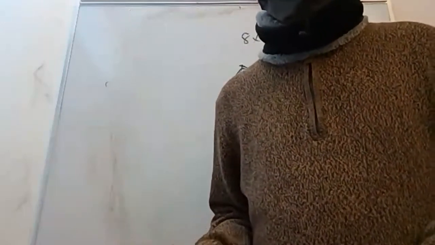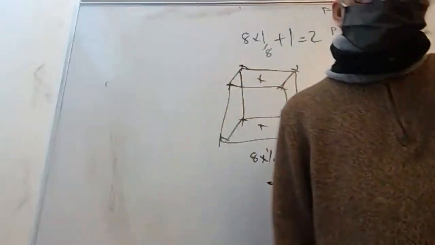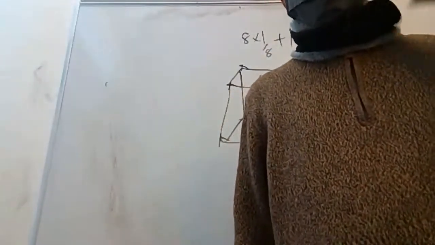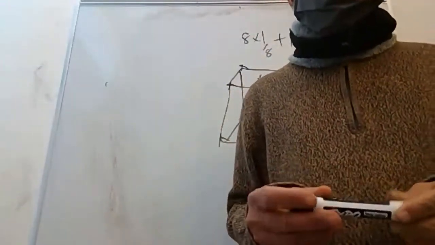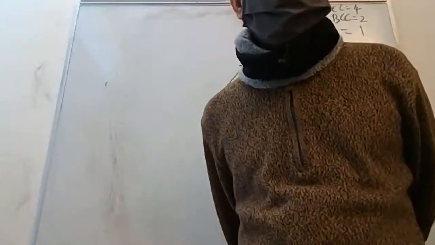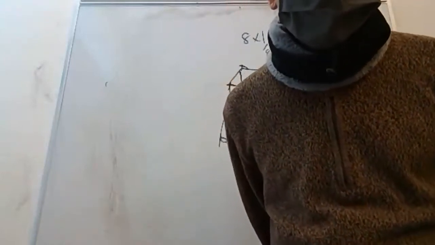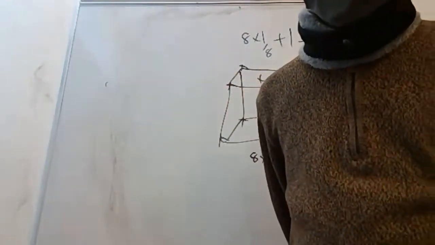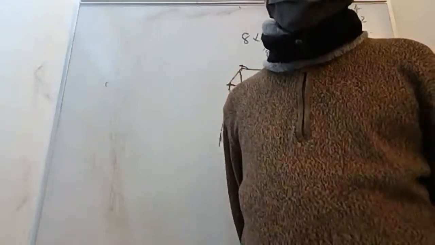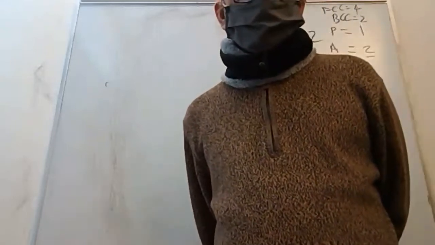Okay. Despite all that, there is one element in the periodic table that crystallizes with a primitive cubic structure. Anyone knows what that element is? It's a strange one. We still don't know why that fellow adopts a primitive cubic structure, despite the fact that it is the most inefficient way of packing.